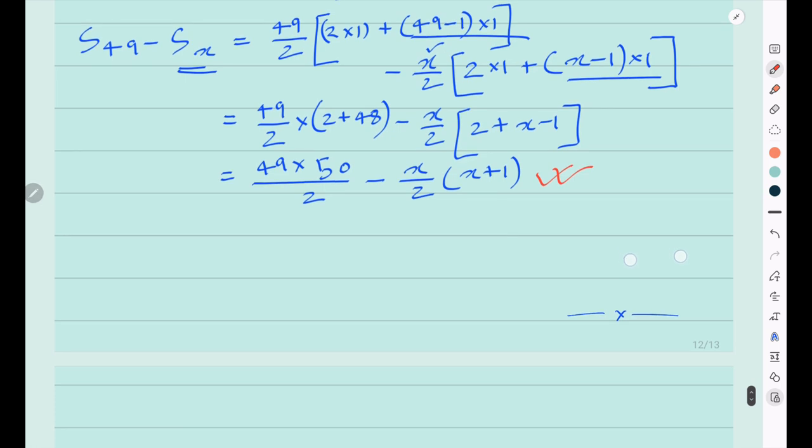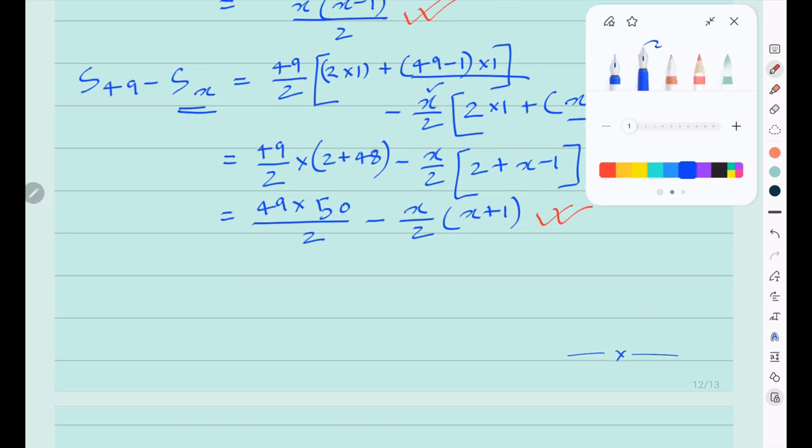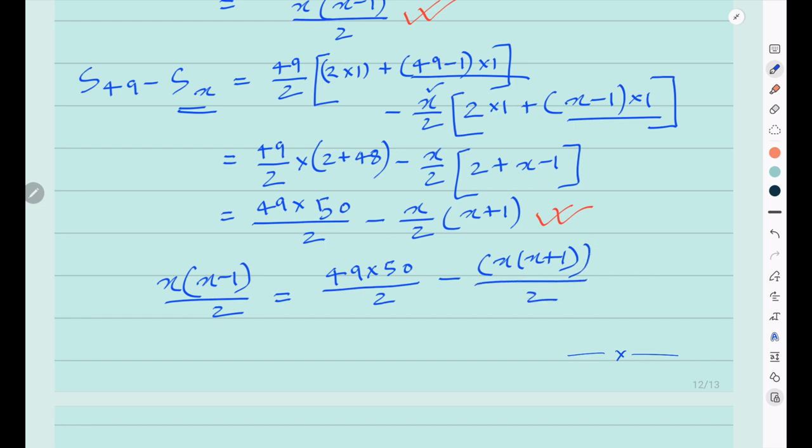So let us make it equal. Again, I will use the blue color. x minus 1 divided by 2 is equal to 49 into 50 minus x plus 1 divided by 2.